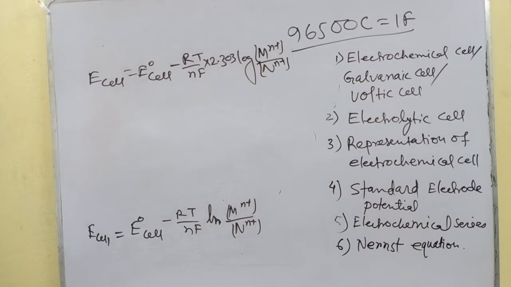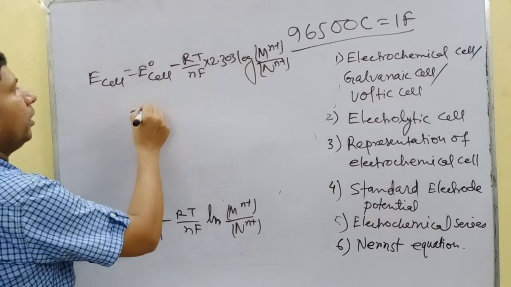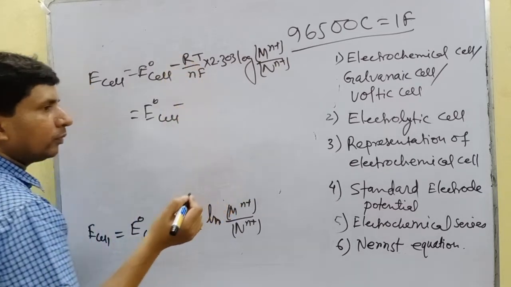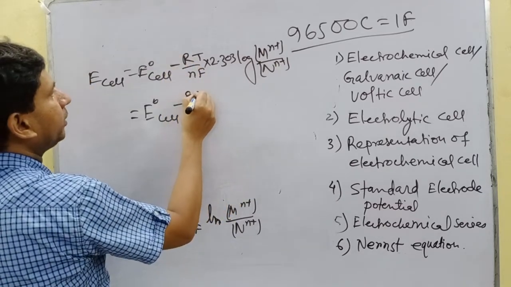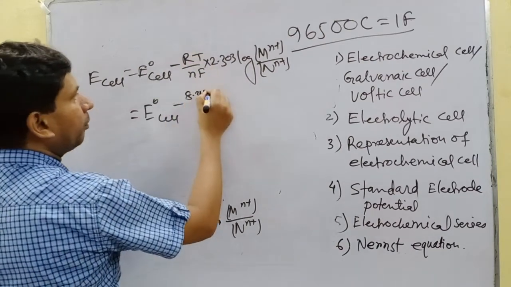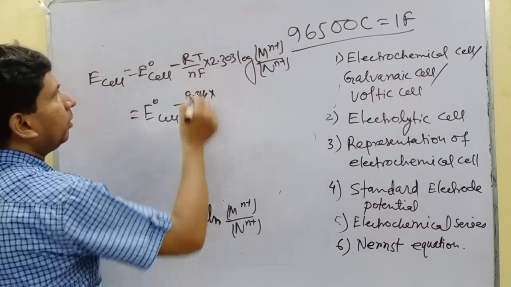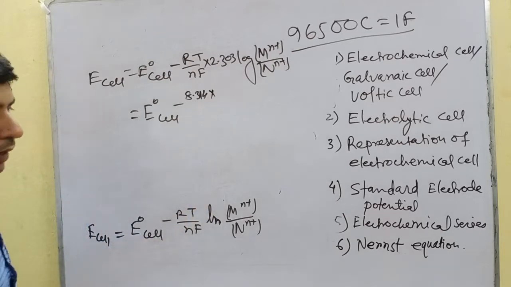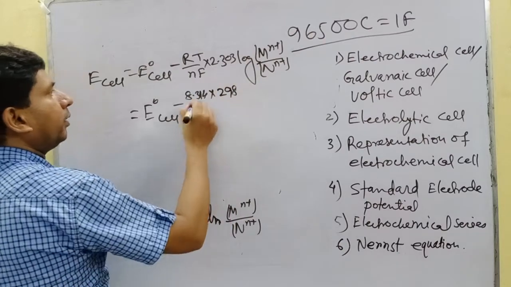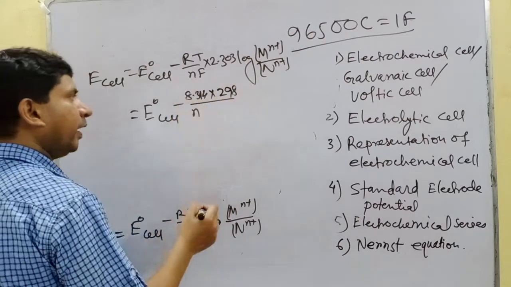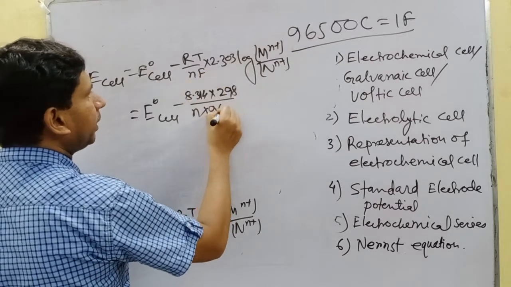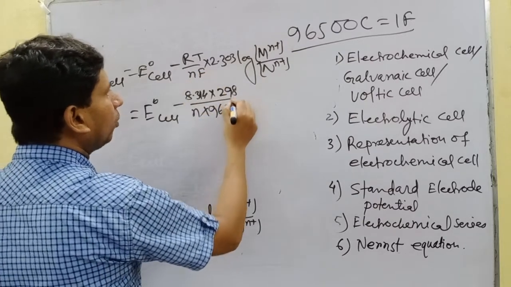Clear? Then E0 cell minus RT by nF, where the value of R equals 8.314 joule per Kelvin per mole. Temperature, at 25 degree centigrade, is 298 Kelvin, n is fixed, and the charge F is 96500 coulomb.